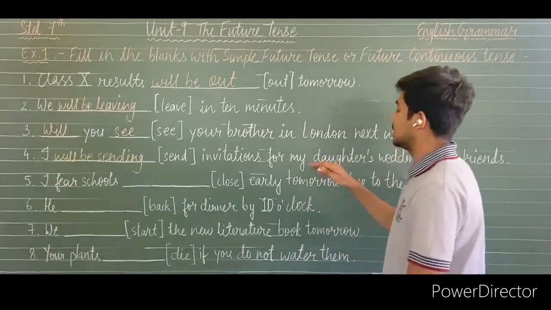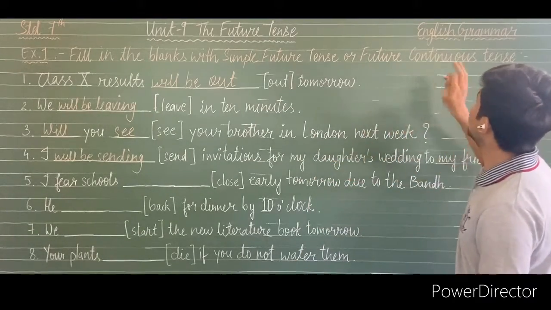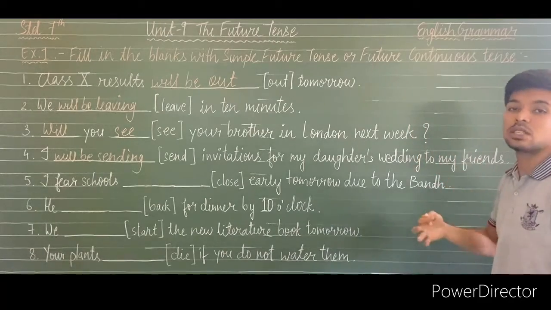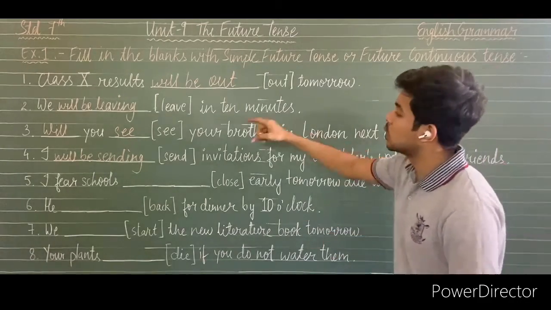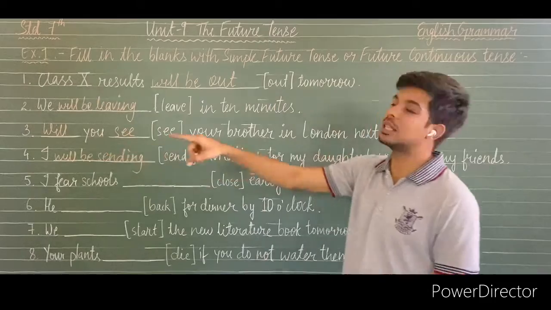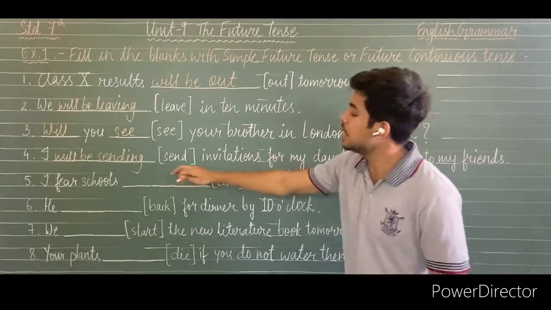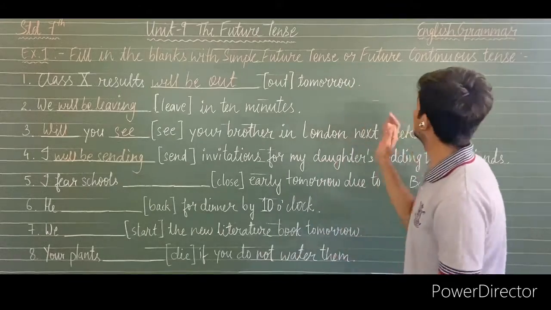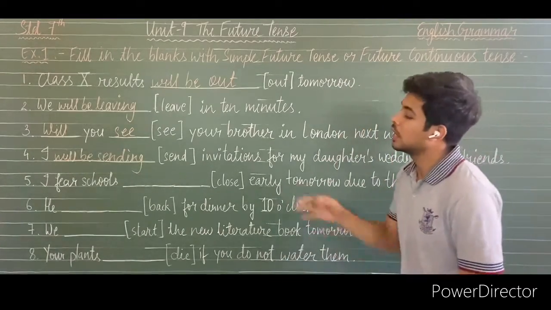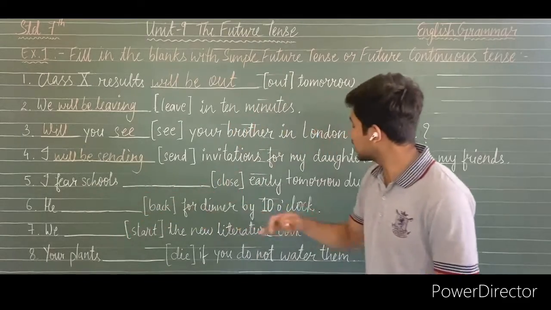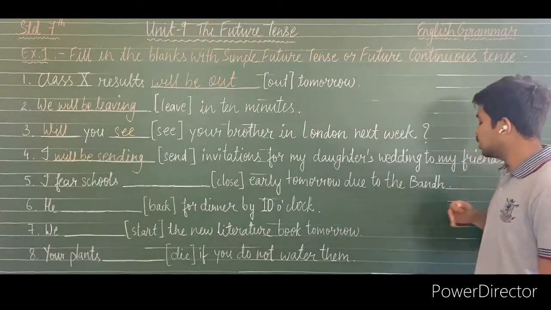So this sentence is in the future continuous form, and continuous always uses the ing form of the verb. So here will be leaving is also in the future continuous form, and will be sending is also in the future continuous form.